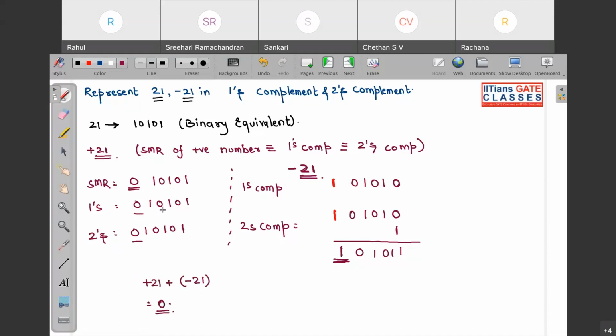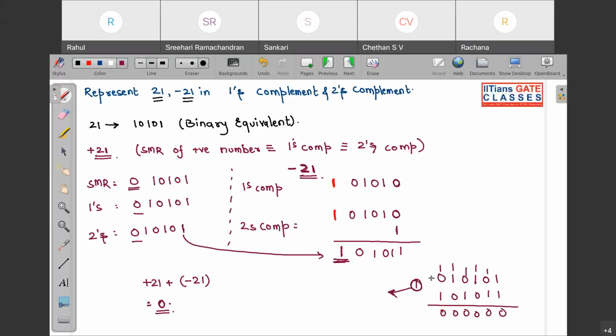Add this to this: 0 1 0 1 0 1 and 1 0 1 0 1 1. So this will be 0 carry 1, 0 carry 1, 0 carry 1, 0 carry 1, 0 carry 1. So this will be 0, and a carry is generated.